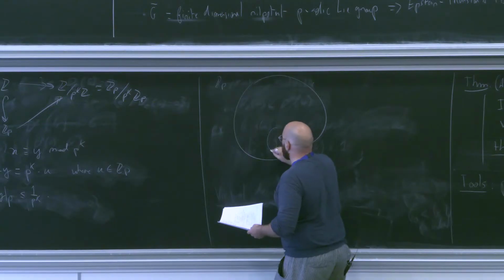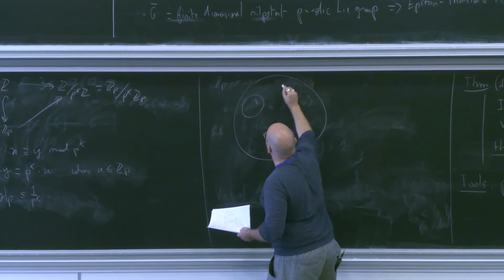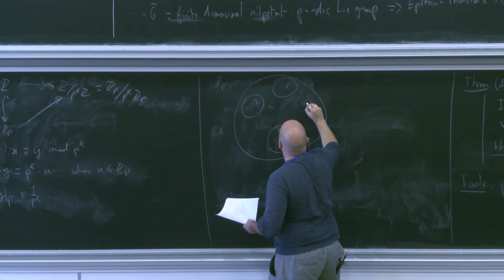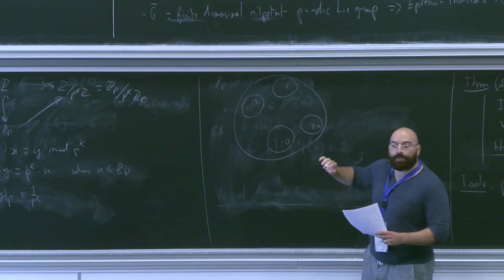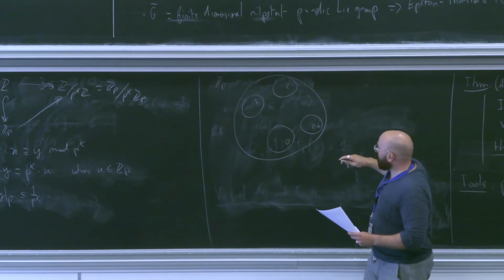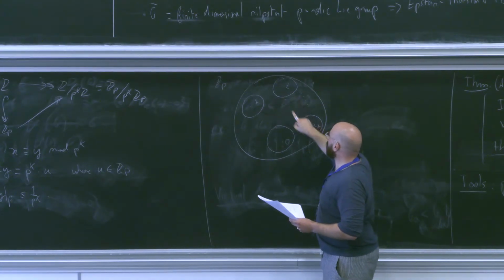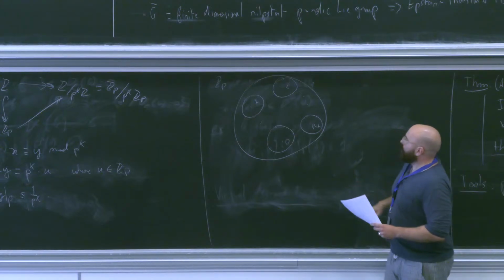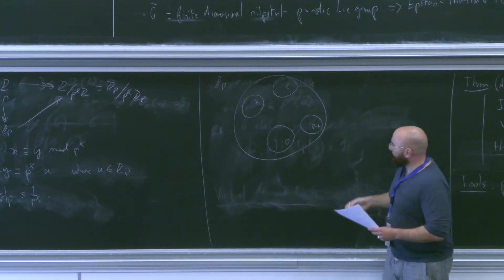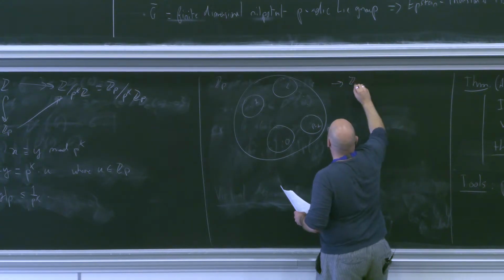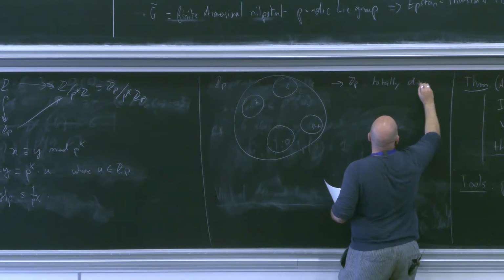So I get the class of 0 modulo p, the class of 1, 2, and p minus 1. Those are disjoint balls. This means that you are at distance 1 over p from each other. And all these balls are open and closed, actually. So Zp is in fact totally disconnected. It's a Cantor set.